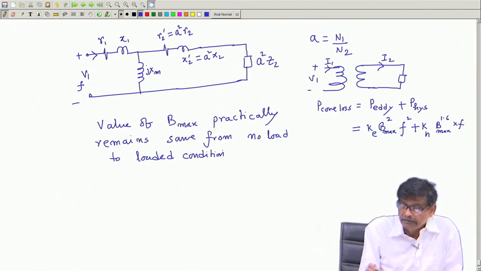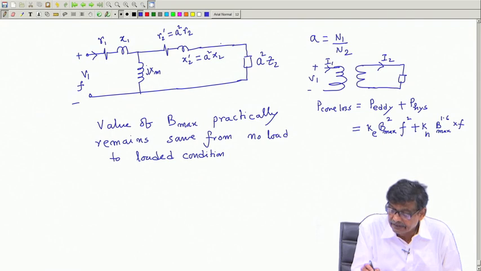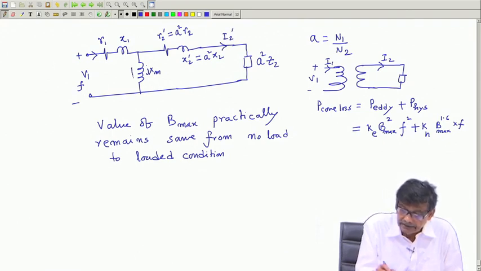Why? Because you recall this current is I2 dashed, this current is Im, the magnetizing current, and this current is I1.